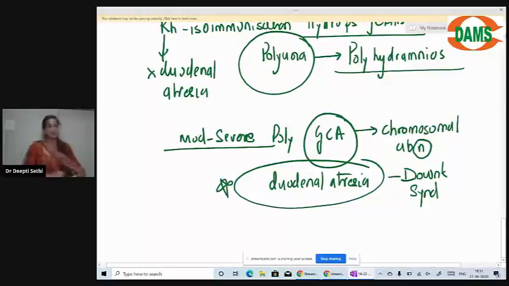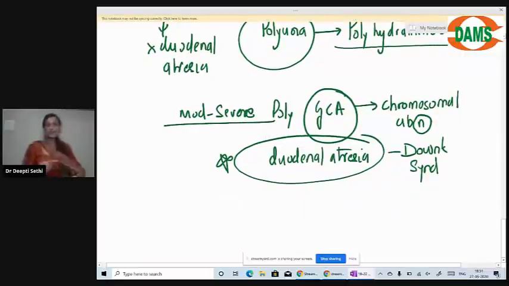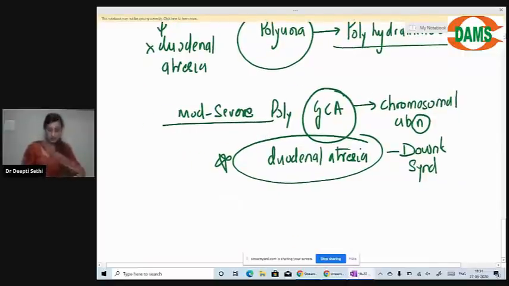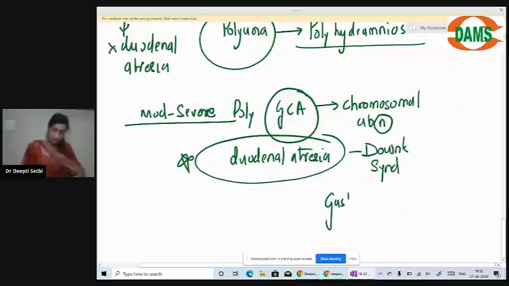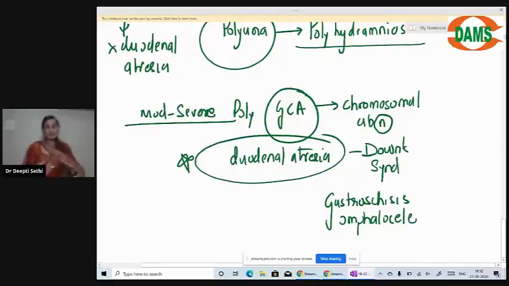This is important. Not only this, in the exams they would also ask you this. There is a condition called gastroschisis, and there is a condition called omphalocele. And we are quite fond of asking you which of these would you actually see in a baby of Downs. Gastroschisis is usually not seen in a baby with Down syndrome, while omphalocele is what can be seen in a baby with Downs.